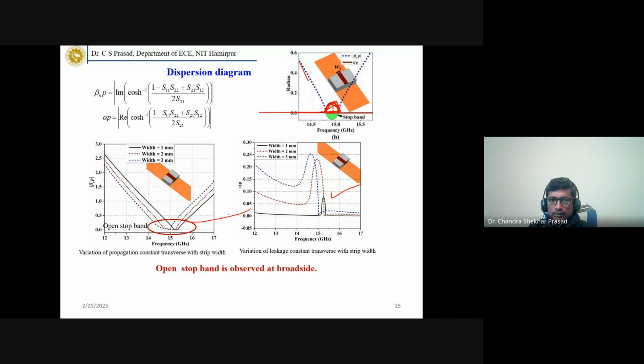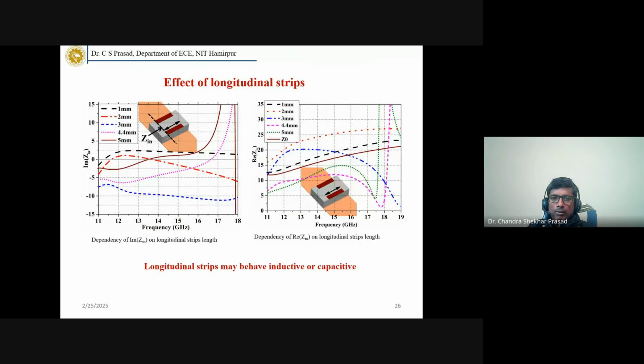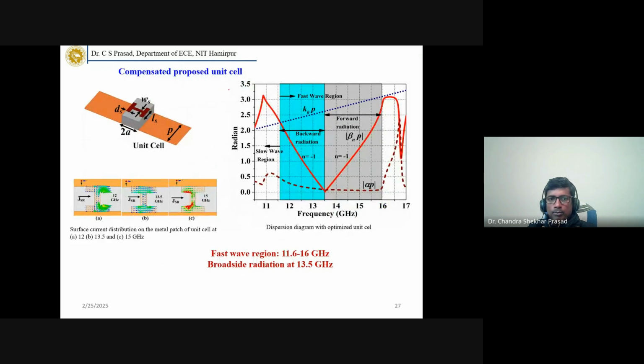So alpha, beta. Now if you put slots like this, you have a variation of the imaginary part like this and the real part like this, and if you put all these three, you can have the open stop band mitigated.